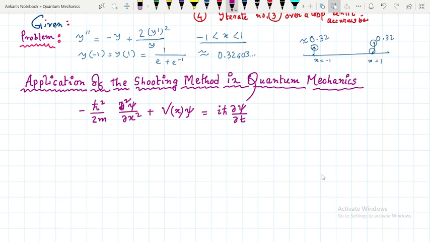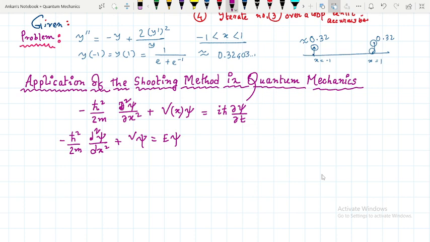By applying the partial differential equation formulation and the variable separation method, you can get the time independent part: minus h-bar squared by 2m d2 psi dx2 plus V psi is equal to E psi, where E is the energy eigenvalue and psi is the energy eigenfunction.